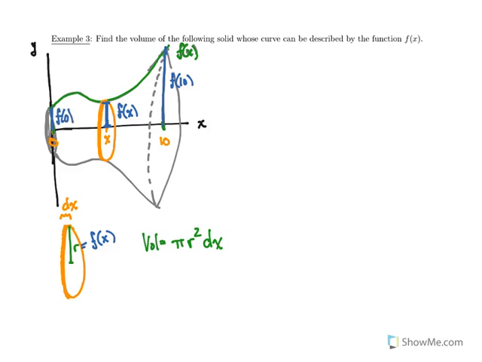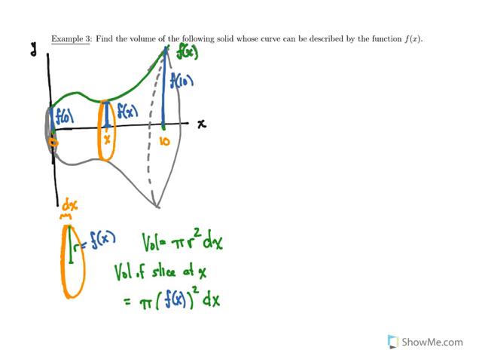So the volume of a slice at some x value is going to be equal to pi r squared dx, but in this case that r is f of x. It is a formula that allows us to see how the radius is changing on each slice.